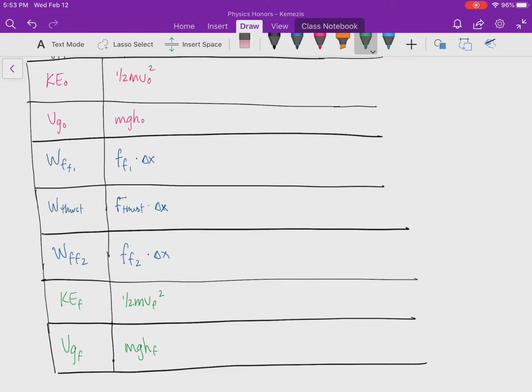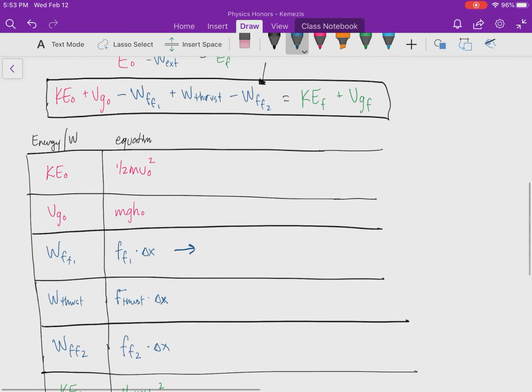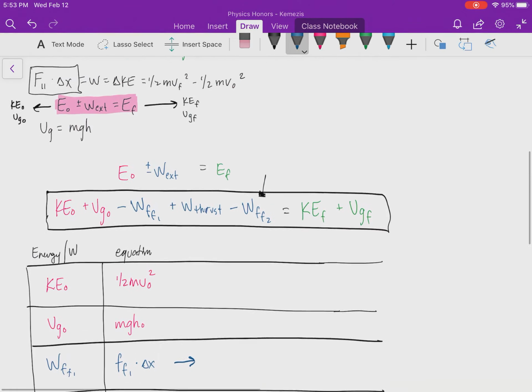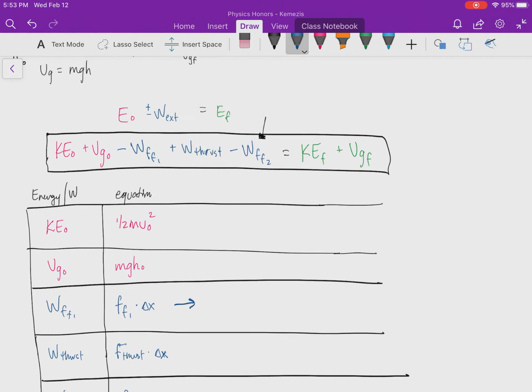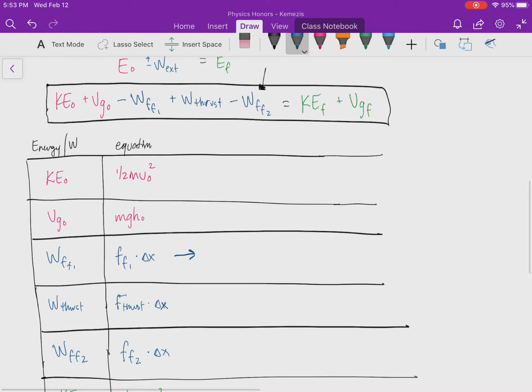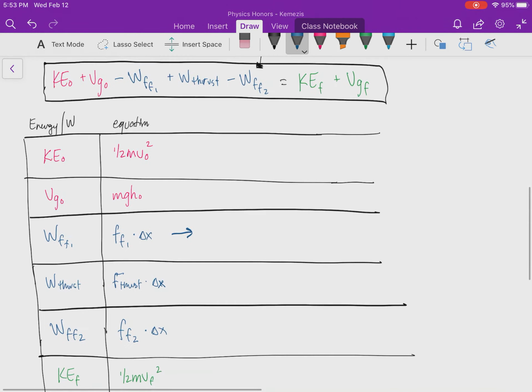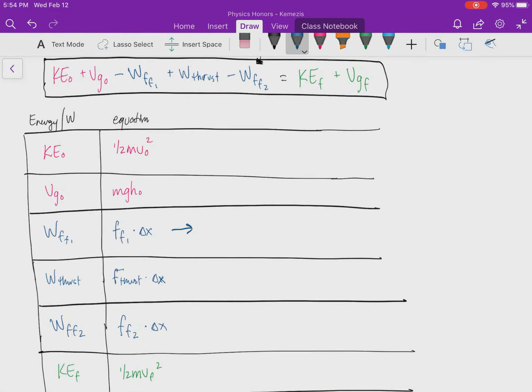Now we can expand the work for our friction one step further, because the force of friction is calculated itself through another equation. So that's where physics gets a little difficult, because within equations, we have more equations, right? And that's why when we're looking at this problem in class, it gets real complicated real fast.